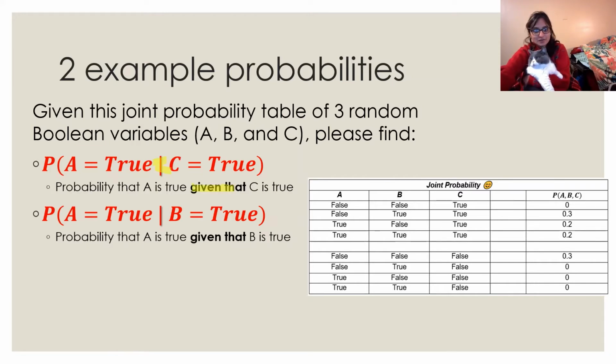That's the first example. And the second example is the probability that A is true given that B is true. Those are the 2 examples we will go through in this video.